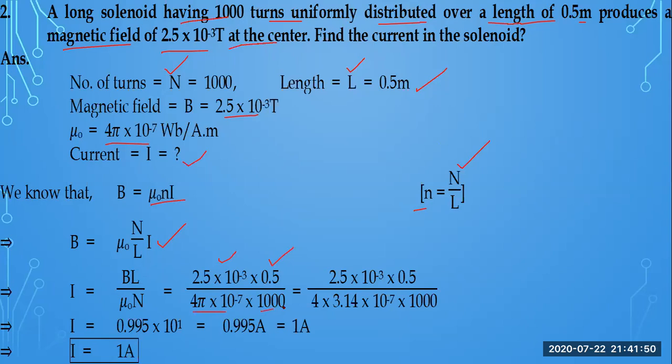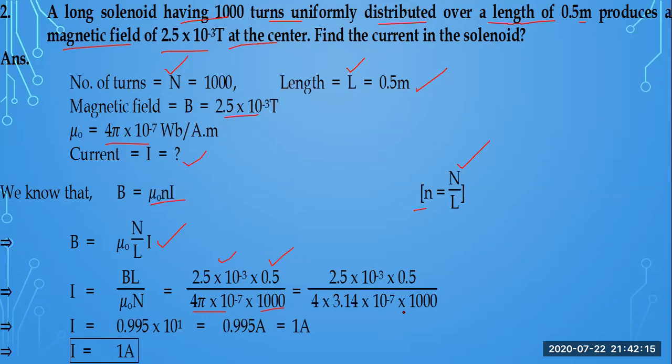So this is 1000 number of turns. After putting in the values, you get 2.5 multiplied by 10 to the power minus 3 multiplied by 0.5, divided by 4 multiplied by 3.14 multiplied by 10 to the power minus 7, multiplied by 1000.